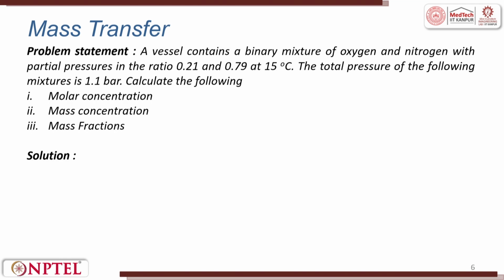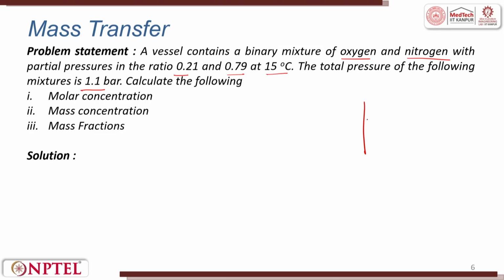Let me try to see a problem and we will use these relations. It says a vessel contains a binary mixture of oxygen and nitrogen with partial pressures in the ratio of 0.21 and 0.79. At 15 degrees, the total pressure of the mixture is 1.1 bar. Calculate the molar concentration, mass fraction.